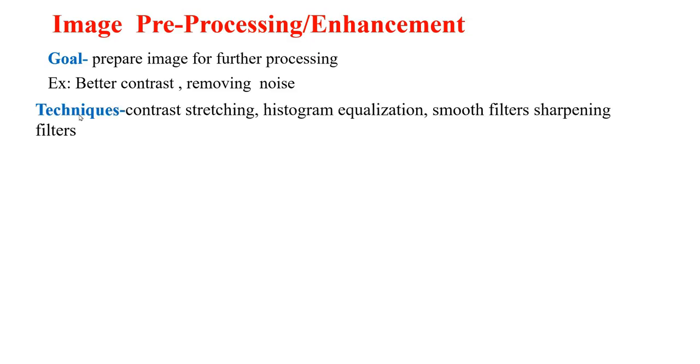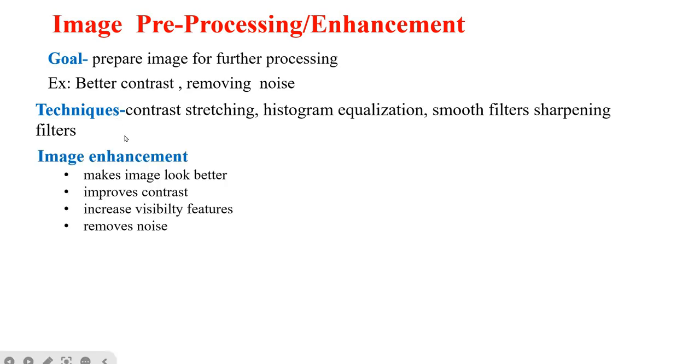So here the techniques which can be used for image pre-processing or enhancement are contrast stretching, histogram equalization, smoothing filters, sharpening filters, and many more techniques. I have listed only a few here.